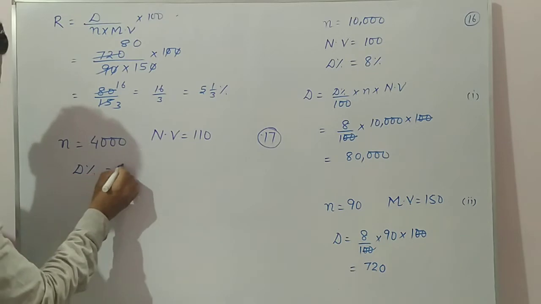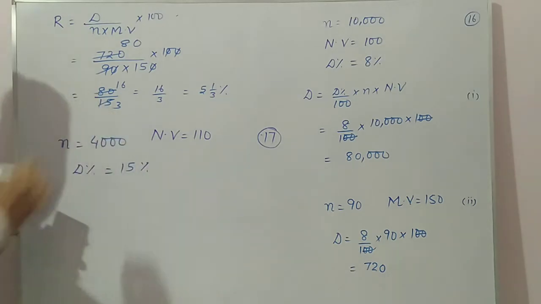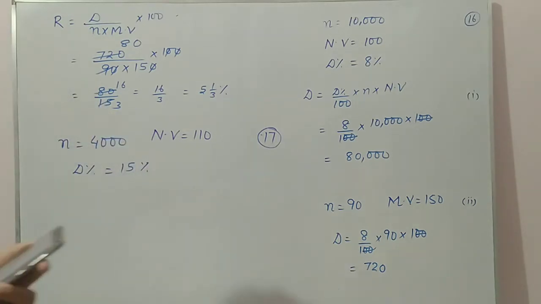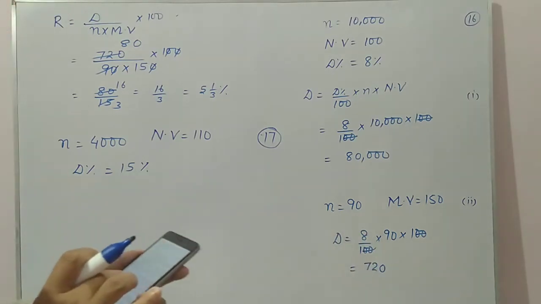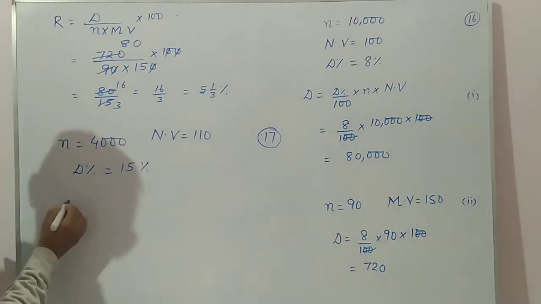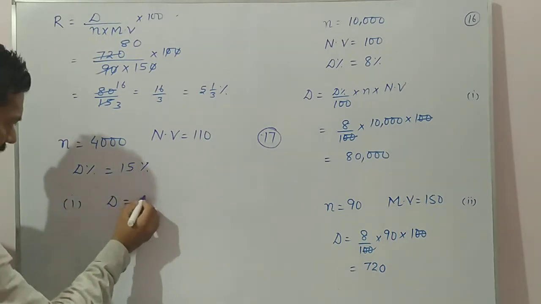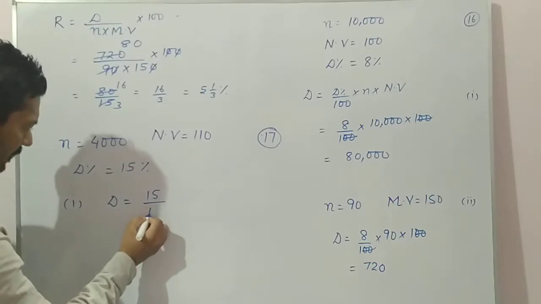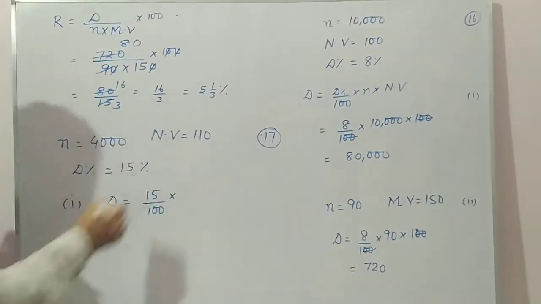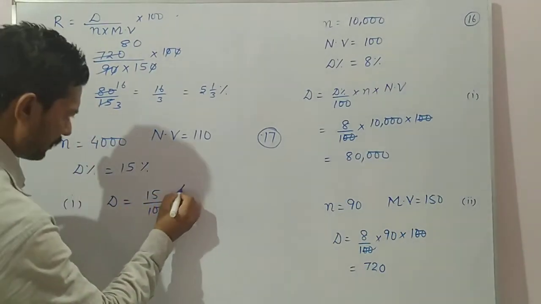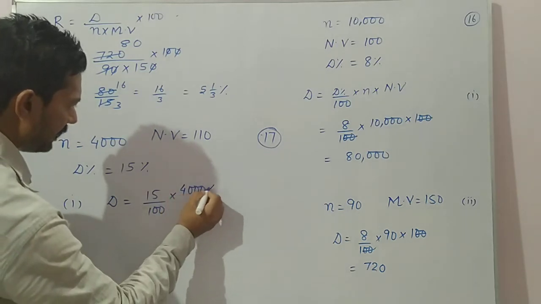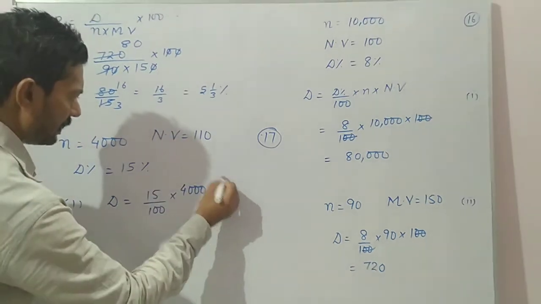Dividend percent here is 15%. Find the total amount of dividend paid by the company. The total amount of dividend paid by the company will be dividend percent, 15% by 100, into number of shares, 4,000, into nominal value, that is 110.